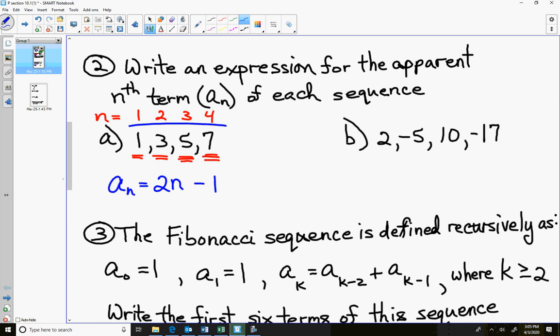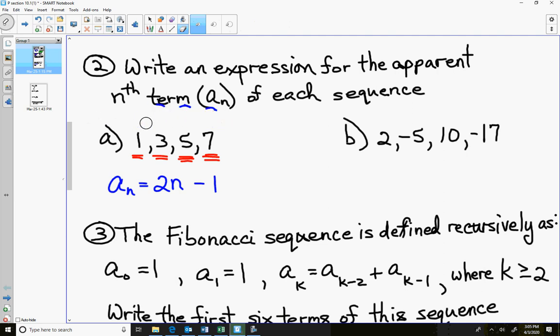So 2 times 1 is 2, minus 1 is 1. 2 times 2 is 4, minus 1 is 3. 2 times 3 is 6, minus 1 is 5, and 2 times 4 is 8, minus 1 is 7. So that would be your formula for the nth term.